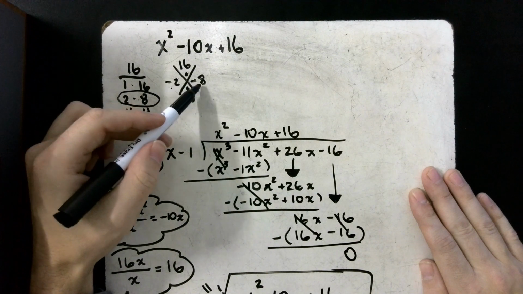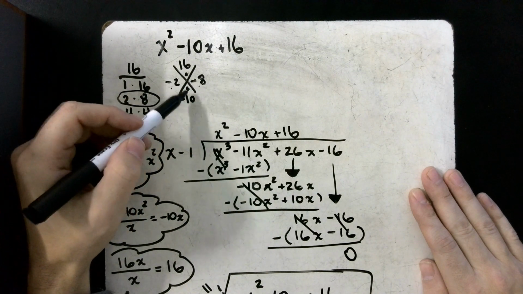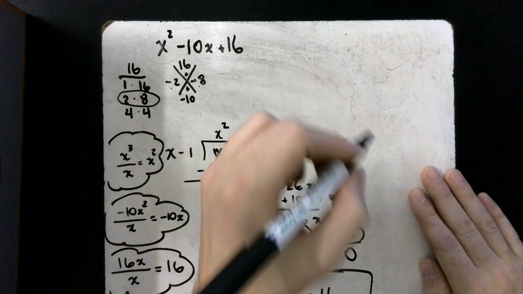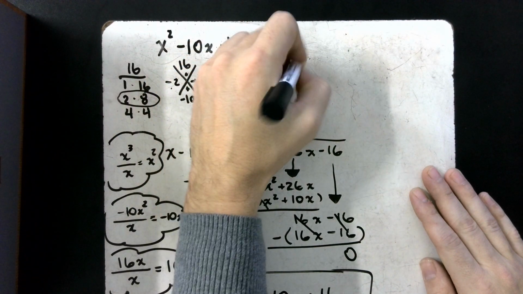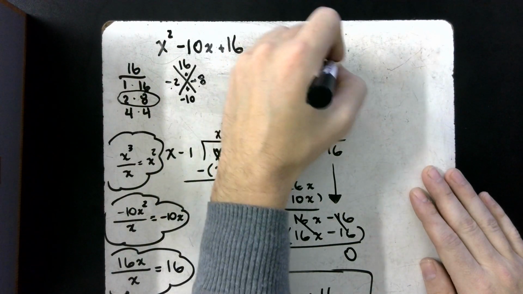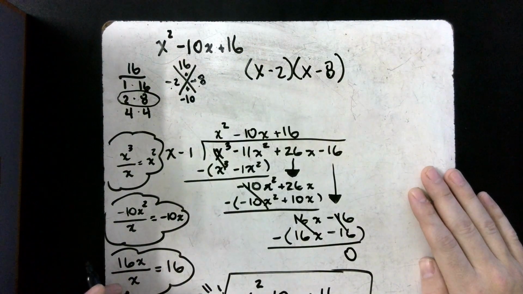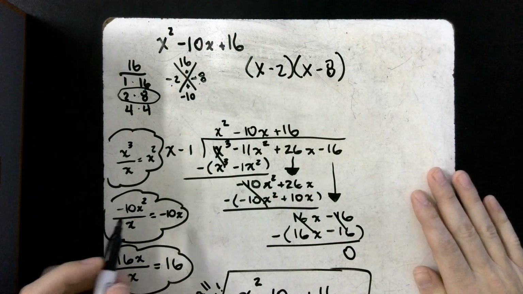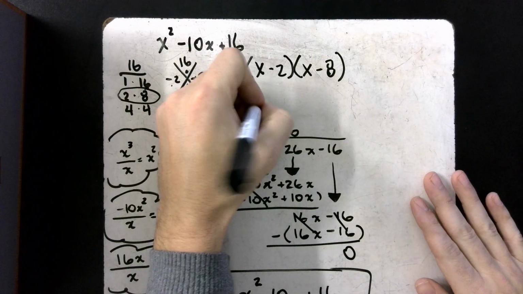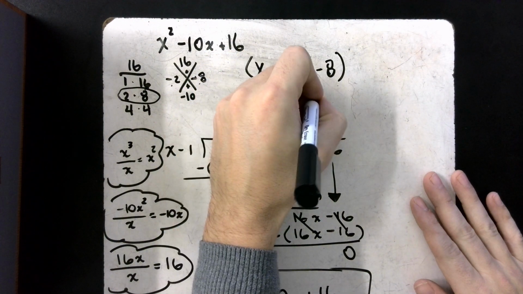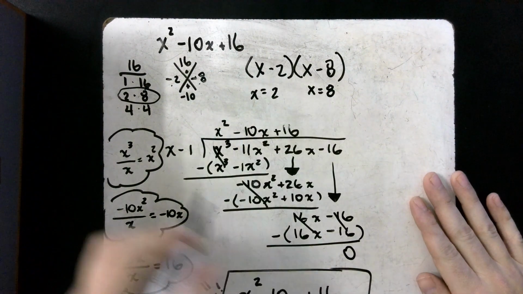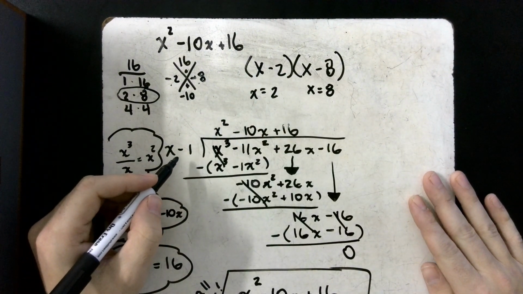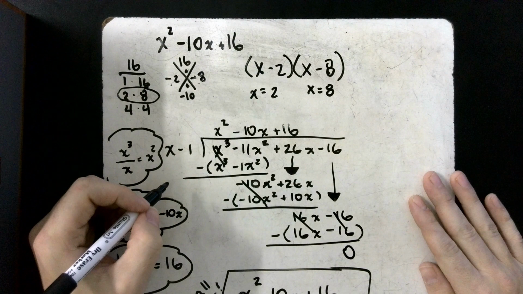Negative 2 times negative 8 is 16. Negative 2 plus negative 8 is negative 10. So we'll have x minus 2 and x minus 8. And so we now have our opposites, x equaling 2 and x equaling 8, as my other two solutions along with this one that we started with dividing, which is going to be 1.